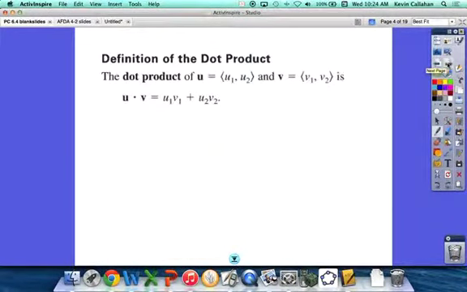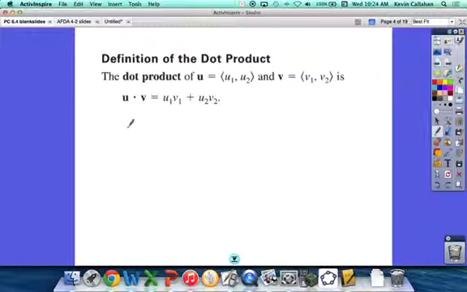The dot product, although you're probably going to think of it like multiplication, because when you show the dot product of two vectors, you use a dot in between like we do sometimes with multiplication. Just with vectors, it doesn't quite mean exactly the same thing. So this is the definition.